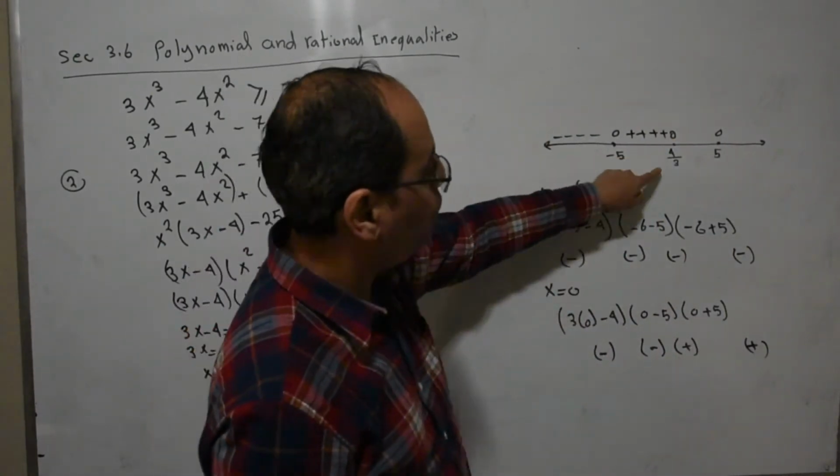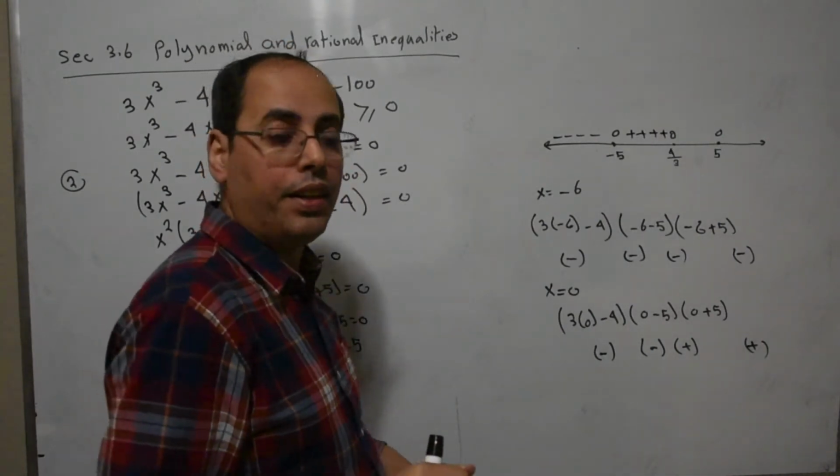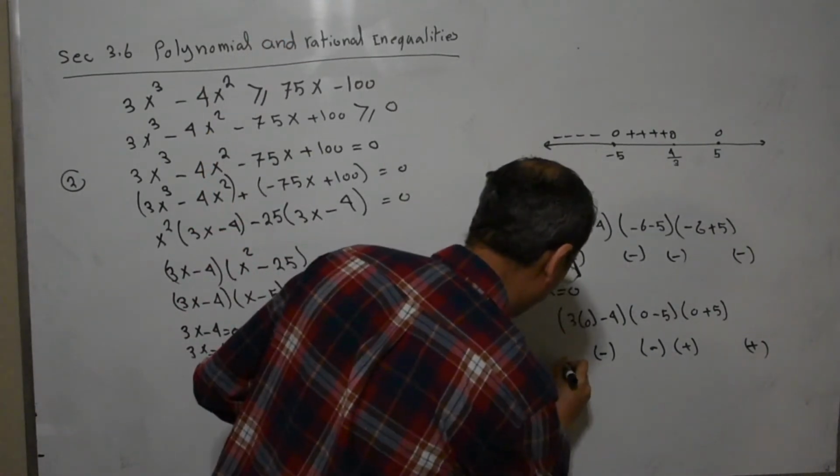Now between 4/3, which is 1 1/3, and 5, I think the easiest number is 2, so I'll check x is 2.